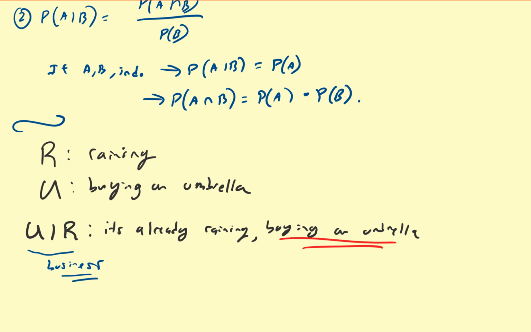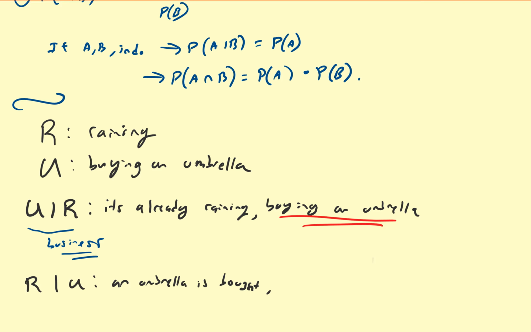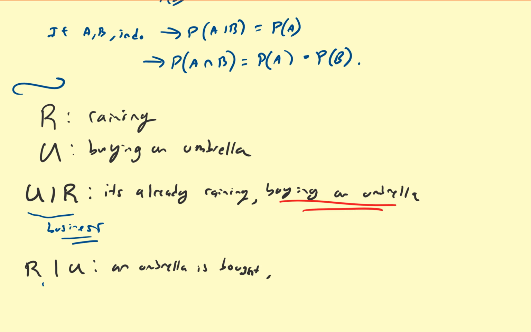Now let's switch the perspectives around. Let us assume the event R given U. That means an umbrella is already bought. This is pretty much from the consumer perspective.